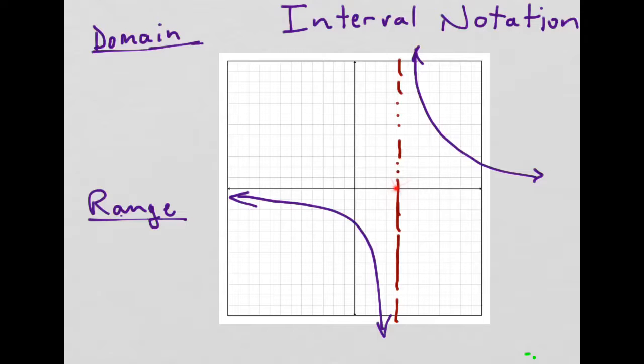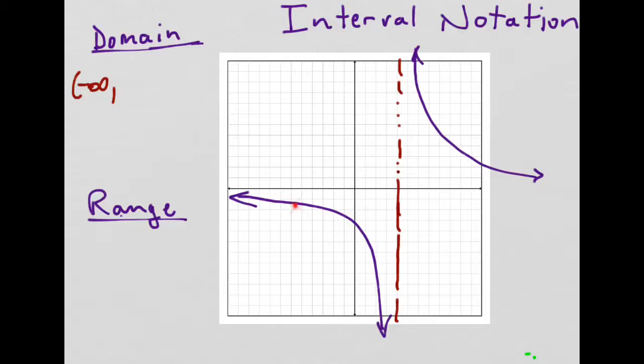Okay, so we've got a split domain here. So the way you represent a split domain is you always go from left to right. So as far as this piece goes, right here, this is the leftmost point in the x direction here, which is negative infinity, round bracket. Alright?